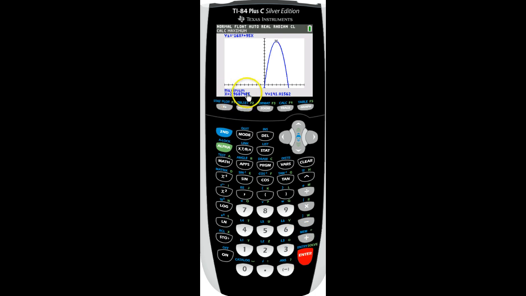And it calculated a maximum that happens at an x value, or an input value, of approximately 2.97. The output value, or y value, occurs at approximately 141.02. Now, going to our question, part B, when will the grapefruit reach its maximum height?